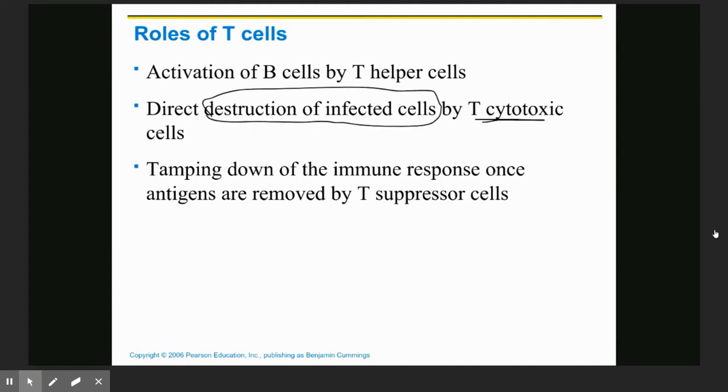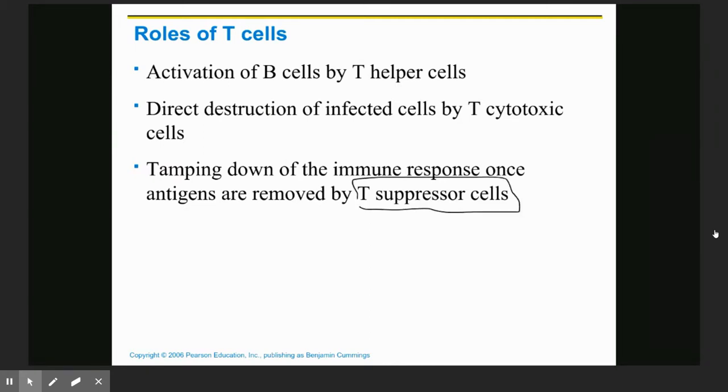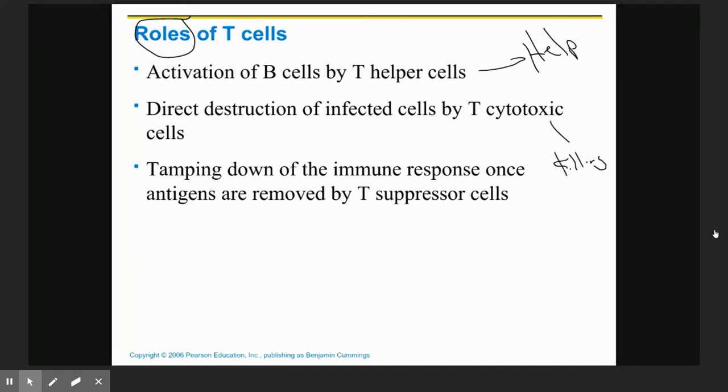And then when a T suppressor cell is activated, T suppressor cells are going to tamp down the immune system. So look, 3 very different roles here. One is a helping role. One is sort of a killer kind of role, killing role. And then this one is sort of a suppressing role. In other words, it brings everything back down to normal.